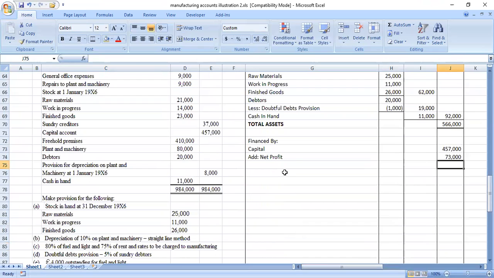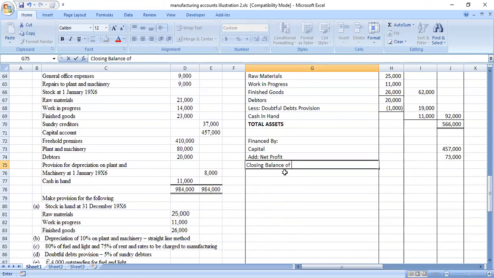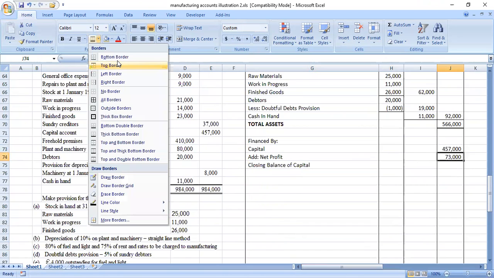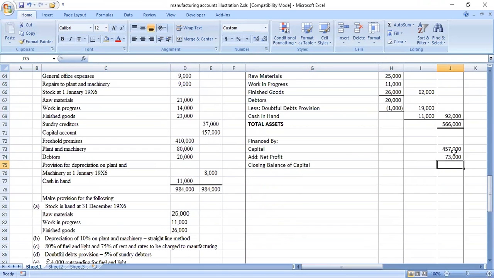So that gives us the closing, since there is no drawings, closing balance of capital, which is equal to 457 plus 73. 457 plus 73,000 gives us 530,000 shillings.